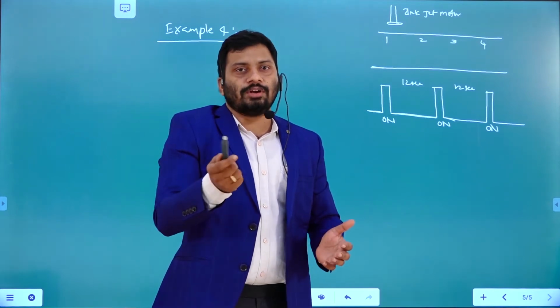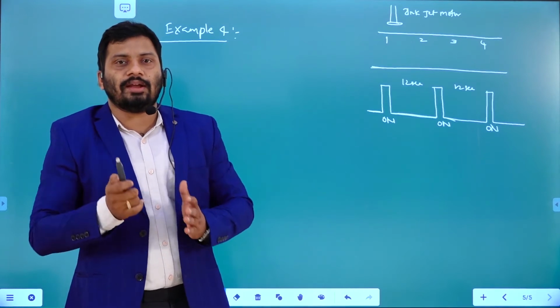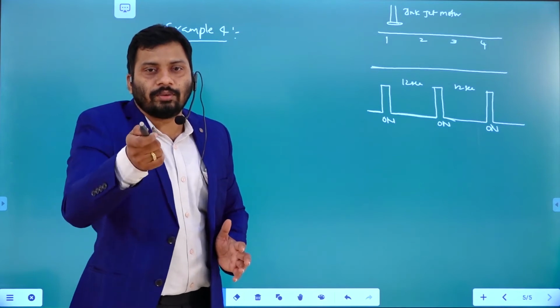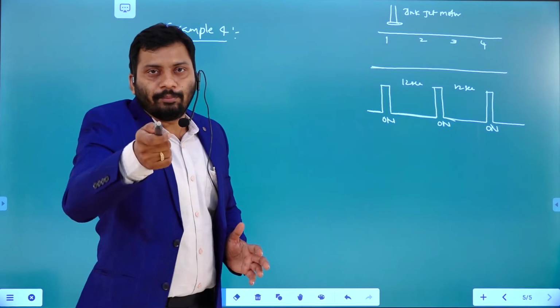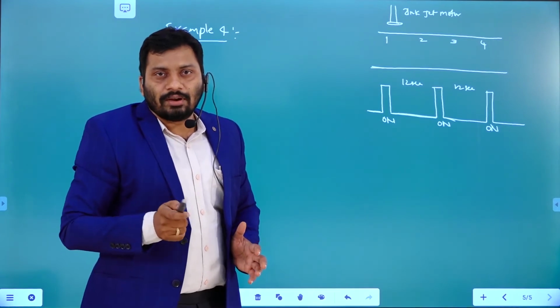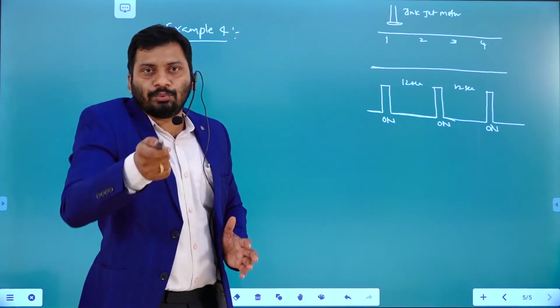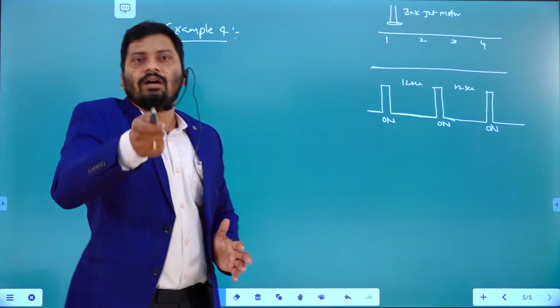Based on that, you provide the delay. With that delay, the inkjet motor needs to stamp like this: one minute, print bundle 1; after 1 minute, print bundle 2, stamp. After 1 minute, once again the inkjet motor. Like that, at every repetitive interval of time, the inkjet motor needs to be on.